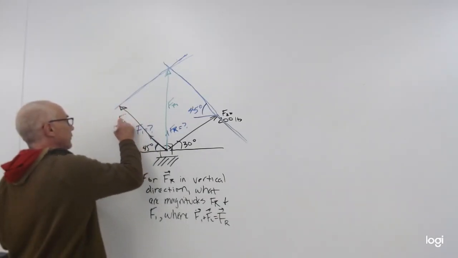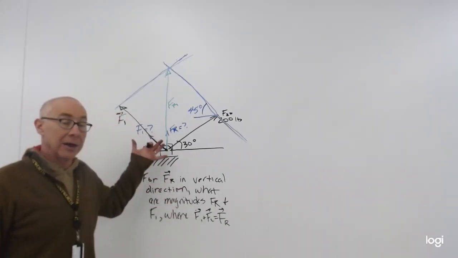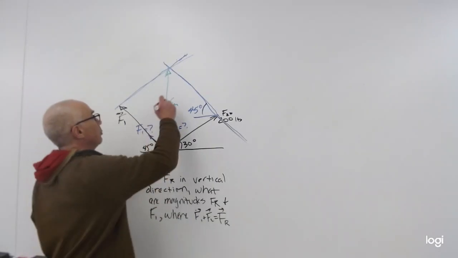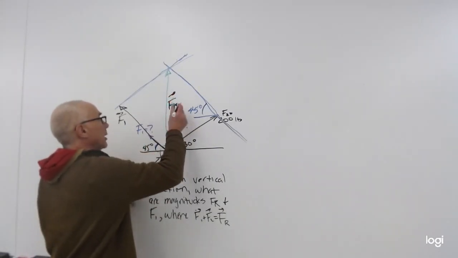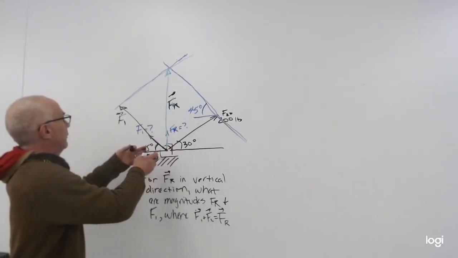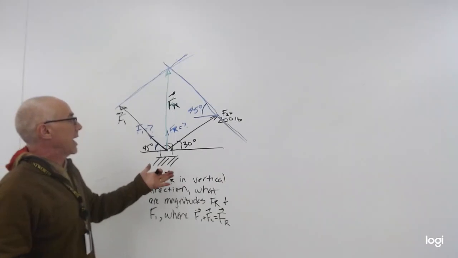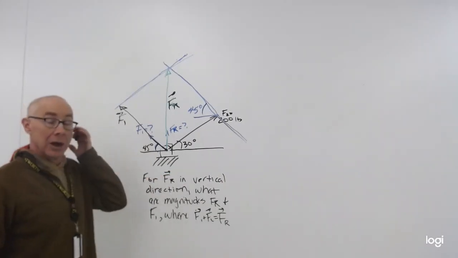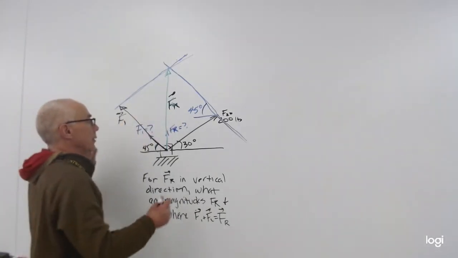My intuition about whether we had enough information to do this has been proven wrong, because the parallelogram law showed that we were able to figure out what f1 is and what f of r is. But we don't yet know the magnitude of fr or f1, and we're going to find that.